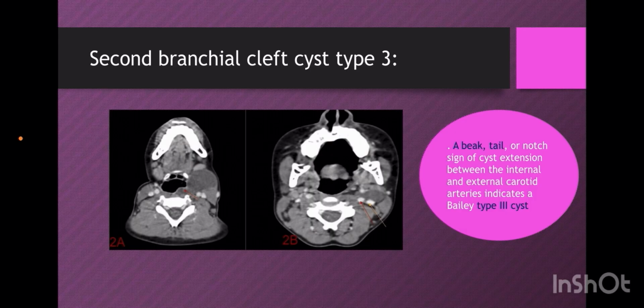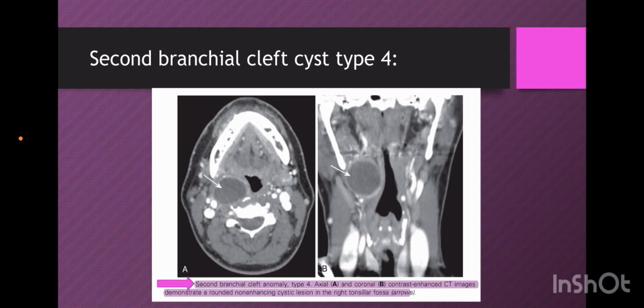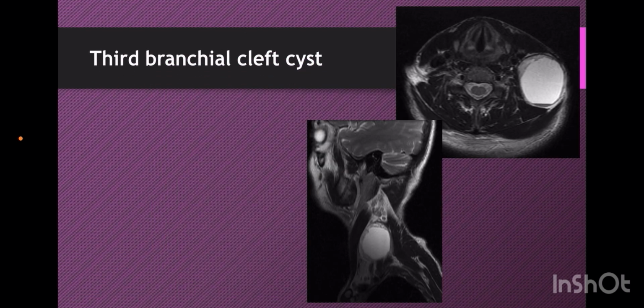Second branchial cleft cyst type 3 usually has a beak tail; it has a beaking between the internal and external carotid arteries. And second branchial cleft cyst type 4 is usually in the parapharyngeal space. Third branchial cleft cyst is in the posterior triangle. Whenever you want to find the posterior triangle, you should search behind the sternocleidomastoid muscle, as in this case.